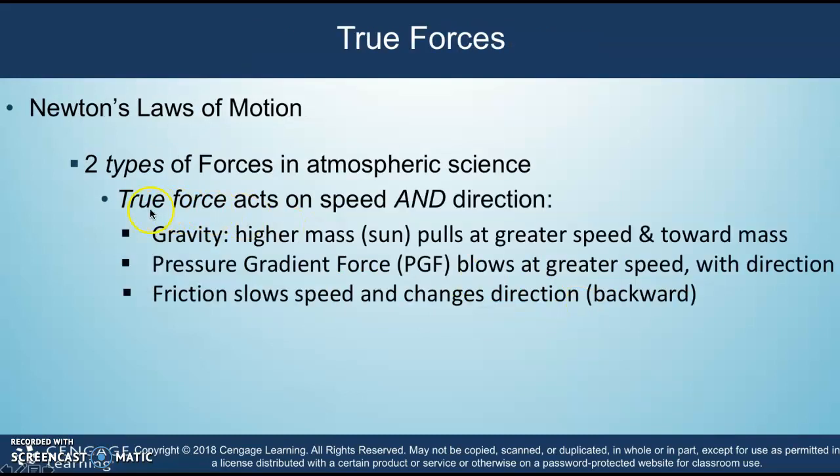But let's talk about the true forces. The true forces act on the entire vector of acceleration. They act on speed and direction. An example of true force is gravity, or pressure gradient force, or friction. You can stop this video and go over some of the reasons that these affect speed and direction.